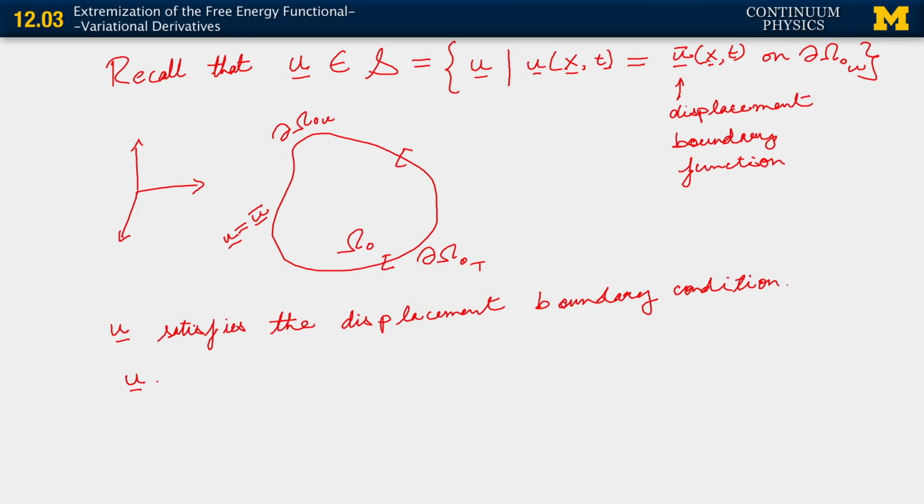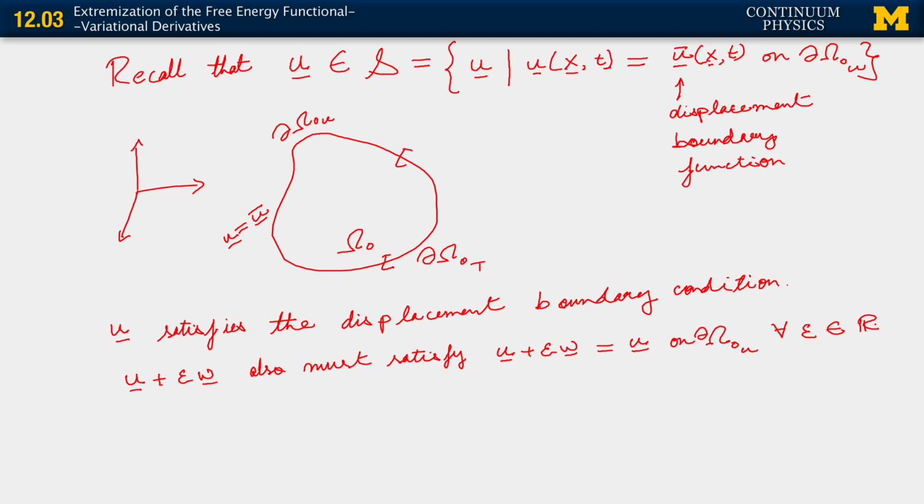Or alternately, U plus epsilon W also must satisfy U plus epsilon W equals U bar on the displacement boundary, not for all W, but it needs to satisfy it for all values of the scalar epsilon.